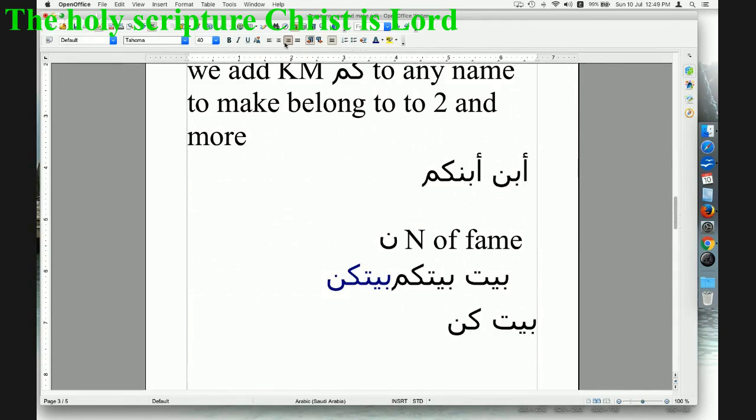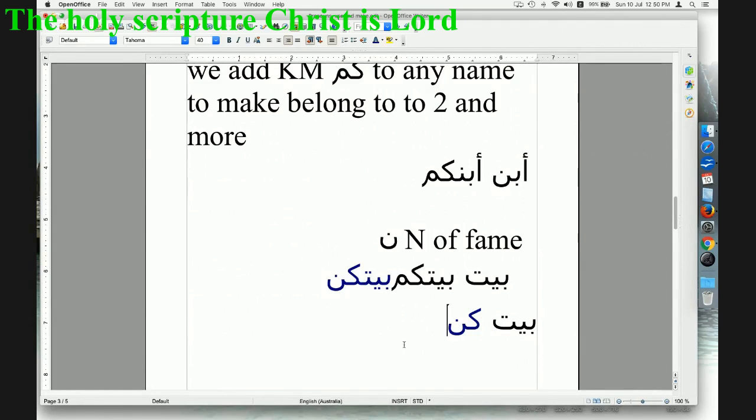So when we use kum, we are speaking about a group. It can be male and female, and this can be very useful for easier speaking. If I want to make it specifically for females, then we use the kun. That makes it something belonging to a group of females. All right, let us color it with the blue.